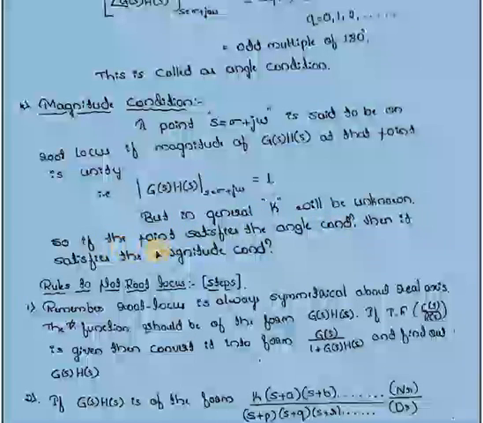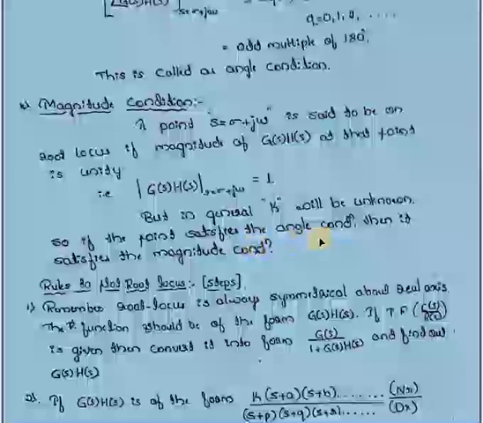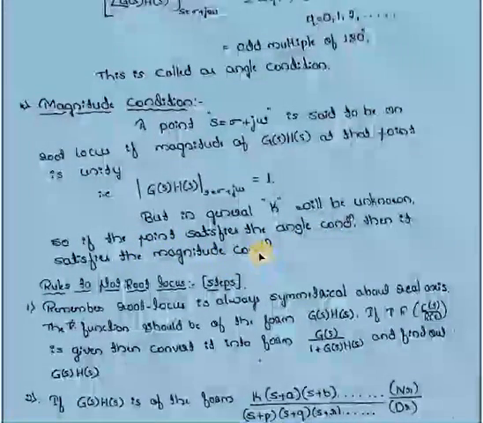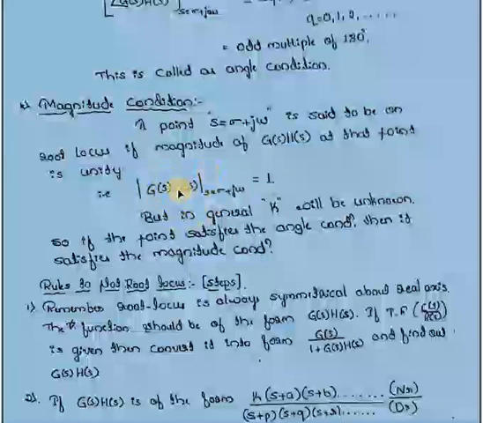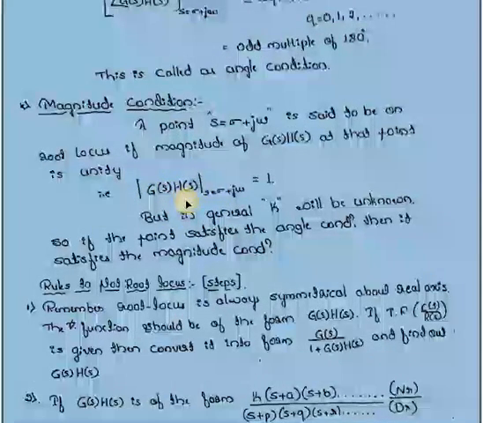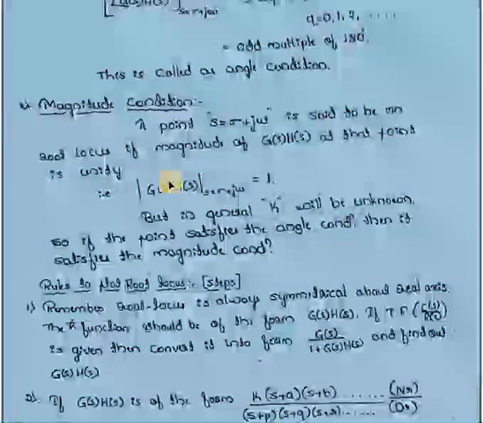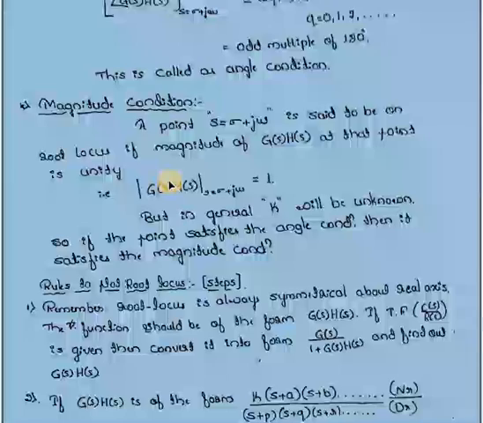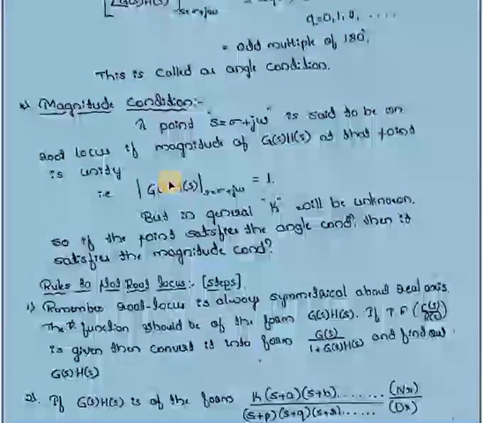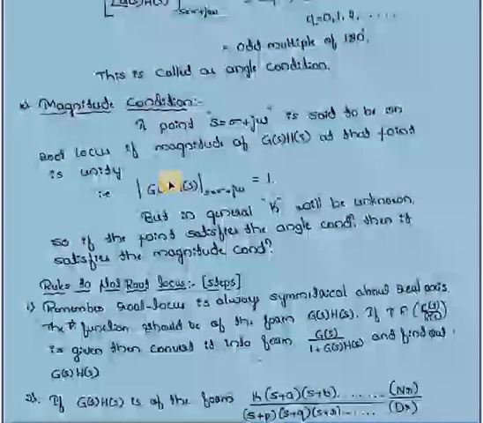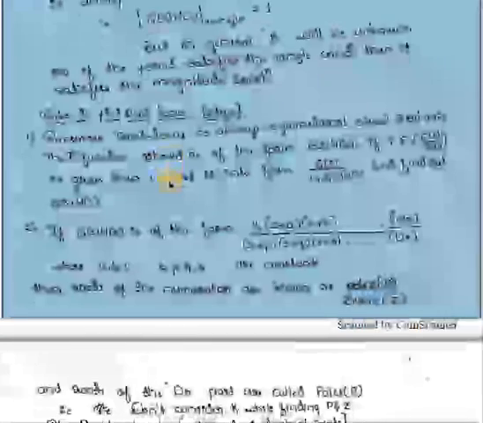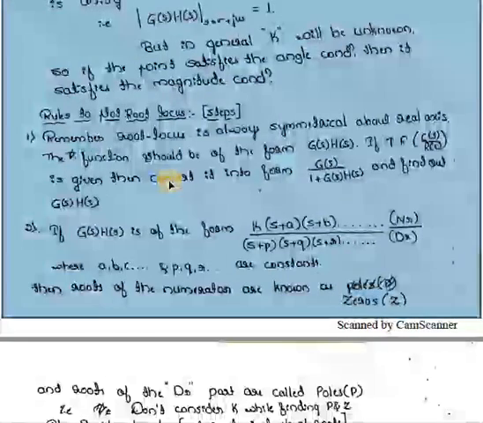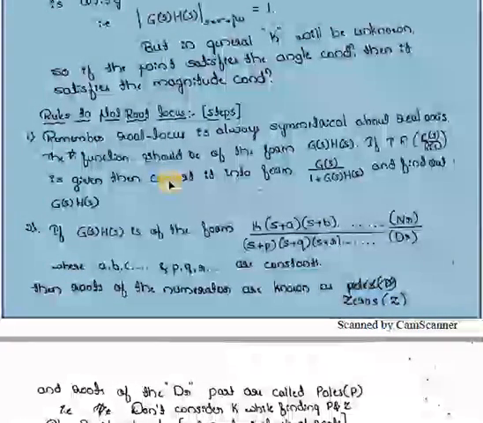So if the point satisfies the angle condition, then it satisfies the magnitude condition also, because in your characteristic equation you have K as unknown. In that case it is very difficult to apply the magnitude condition. Either condition should be satisfied for the particular value of s which has to be on the root locus.